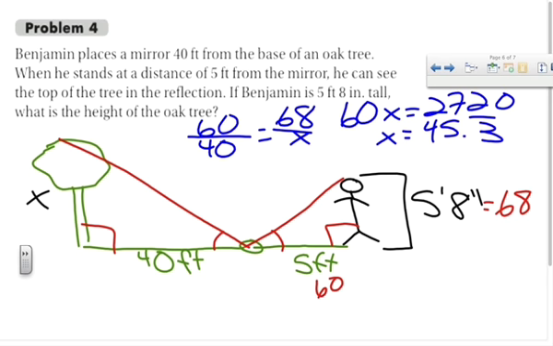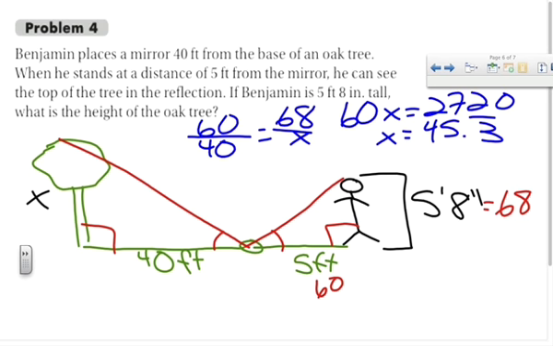Okay, but looking at this 45.3 repeating feet, I don't know about you, but I don't like that 0.3 repeating when we're talking about feet. So what is 0.3 repeating? A third, right, a third. 0.3 repeating is equivalent to 1/3.